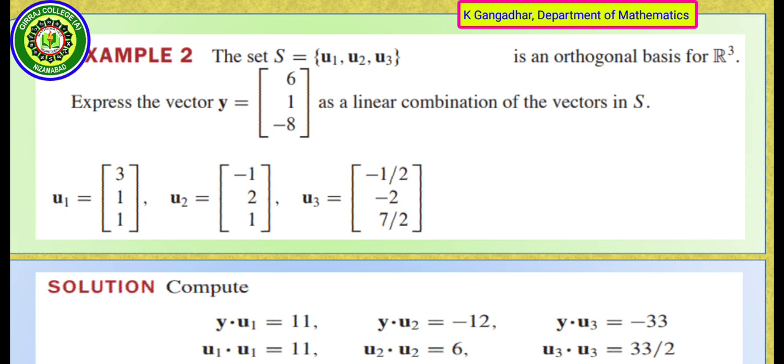If the scalars c1, c2, c3 exist, then y is a linear combination of the elements of S.